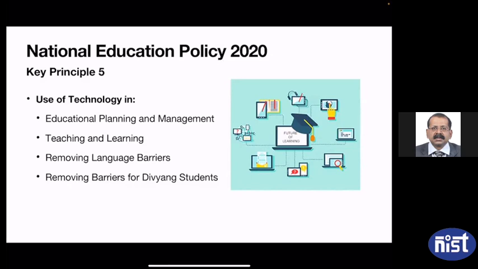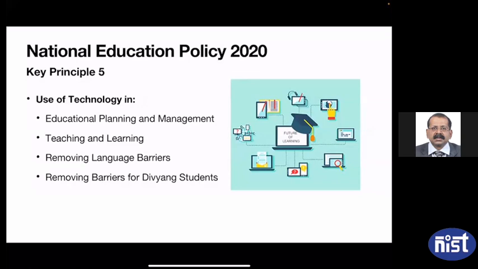But at least one effect of this is that with technology, there is always an entry barrier to most of these things. We all have inertia and we are very comfortable doing things the way they were. But because of the pandemic, the technology usage in education was forced upon us.